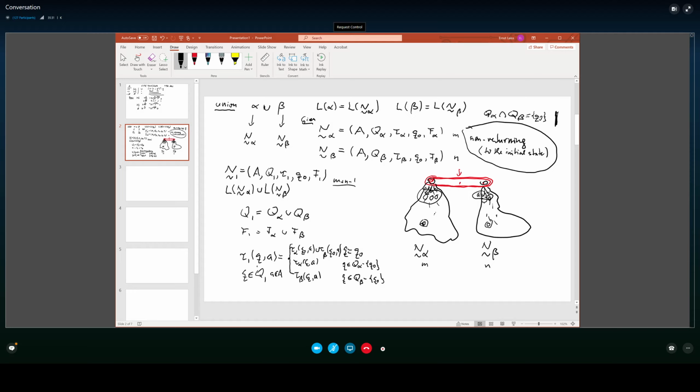We do whatever we did before. And that finishes the definition of N1, because we've defined the three things that we didn't know: Q1, F1, and tau 1. So that is the union construction.